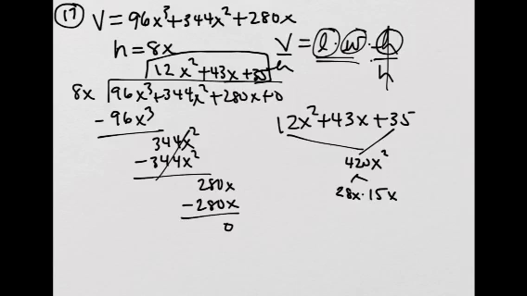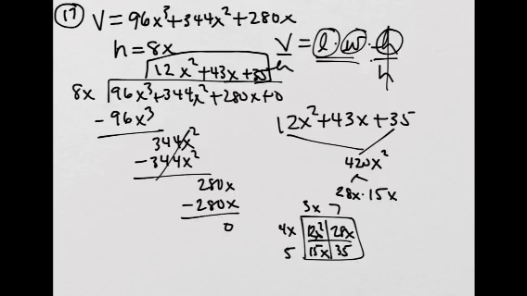So from here, I go ahead and use the little box. So I put the 12x squared right here, the 28x right here, 15x right here, and then the 35 right here. So the greatest common factor in the first row is going to be 4x. So 3x times 4x gives me 12x squared. 7 times 4x is 28x, and then 5 times 3x is 15x.